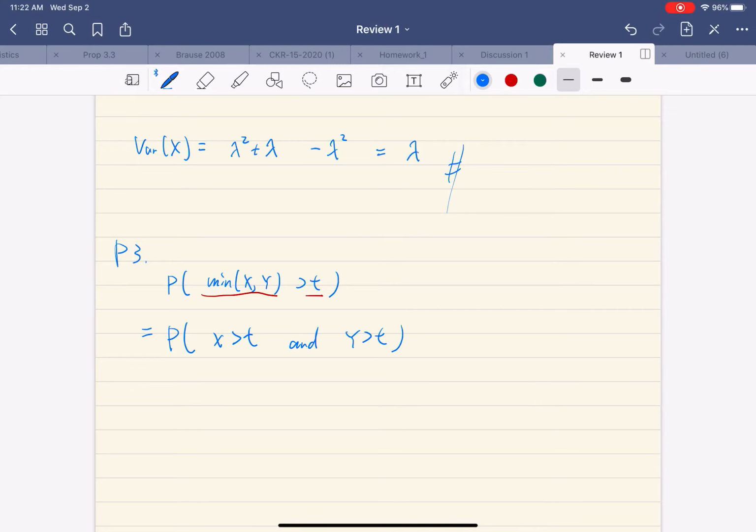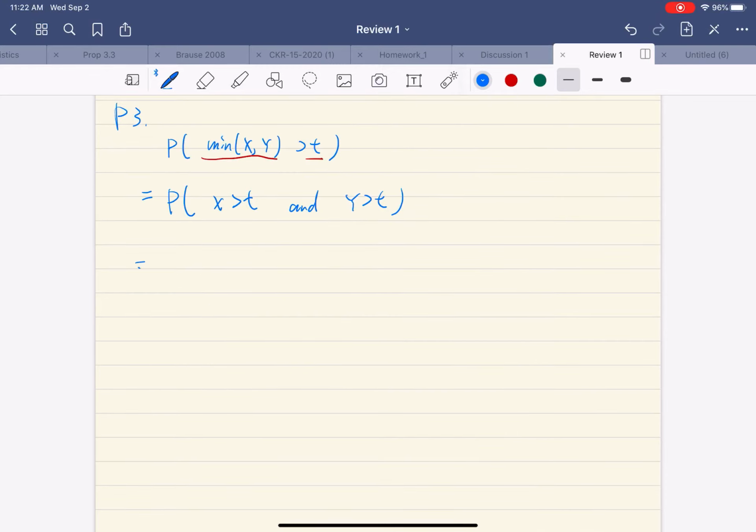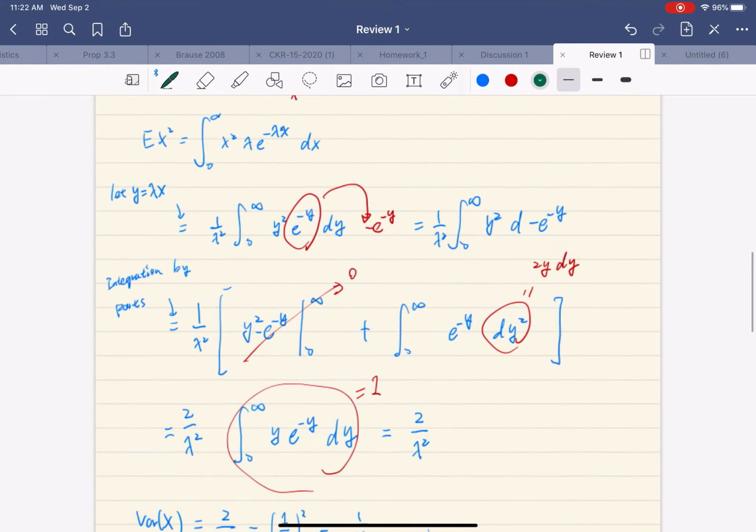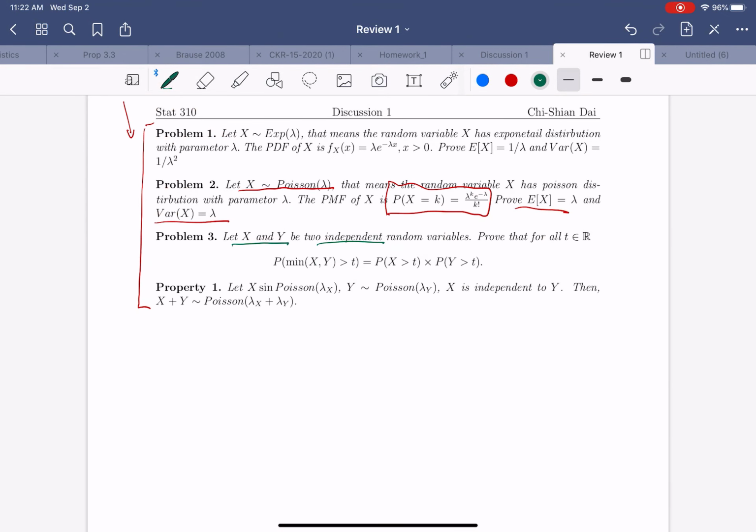These two events are the same type. For independent variables, the joint probability of the events is the product of the probabilities. Okay, so we get the probability. Okay, and that's all.